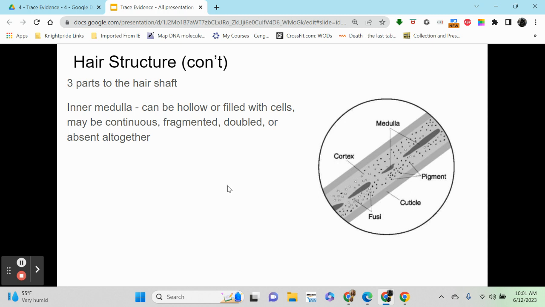Okay, so that's the inner medulla. Sorry, you've then got the cortex. The cortex is the part that contains the melanin that produces the color that we observe. When you shine a light through hair, from a microscopic standpoint, that very intense light allows us to discern the colors.